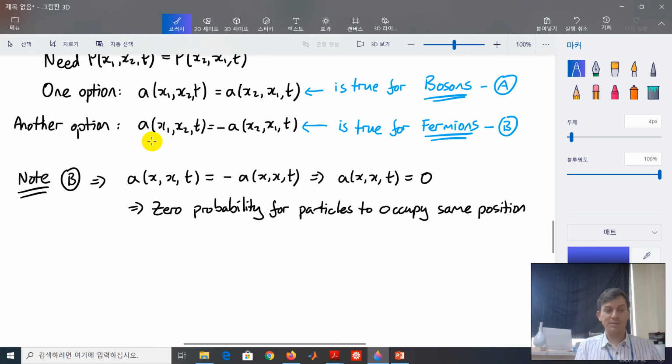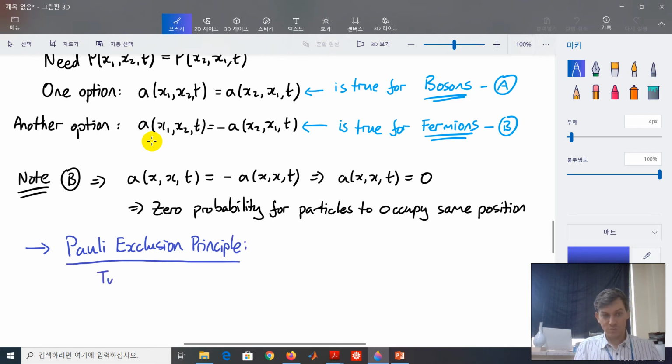This can be stated in a more general sense by something known as the Pauli exclusion principle, which says that two fermions cannot exist in the same quantum state simultaneously.